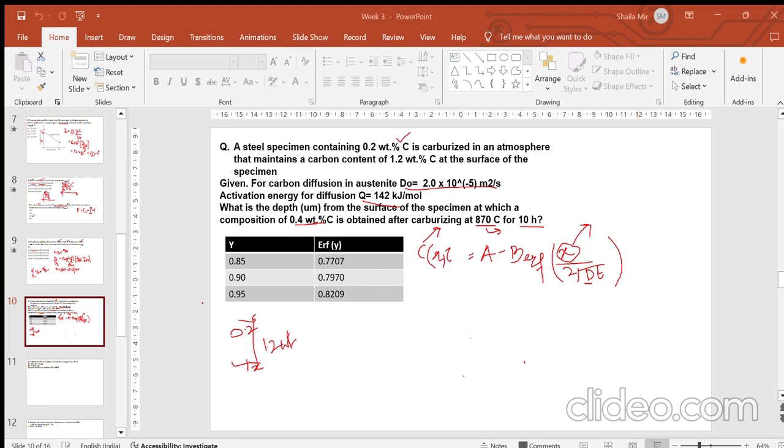And you can put it in to find D2. Yes, that is right. You can use this equation also, which is much easier because here you do not have to find D naught. Directly you can put it in and find your D2.